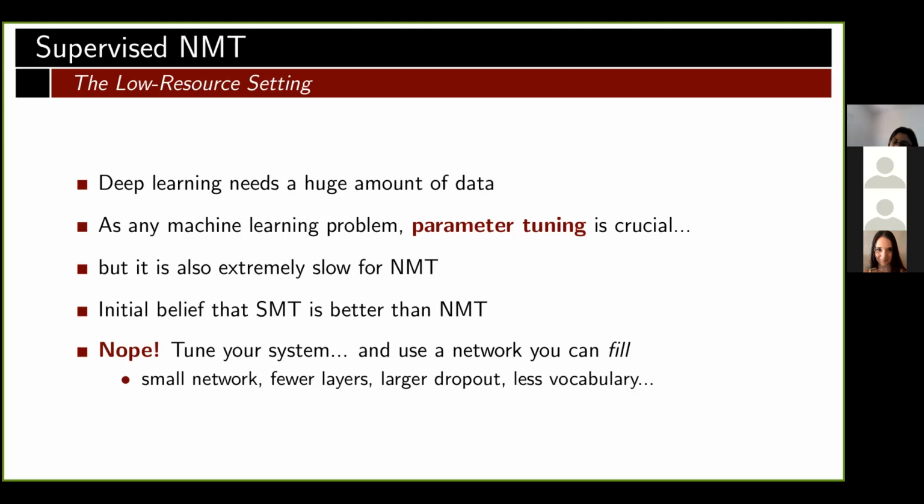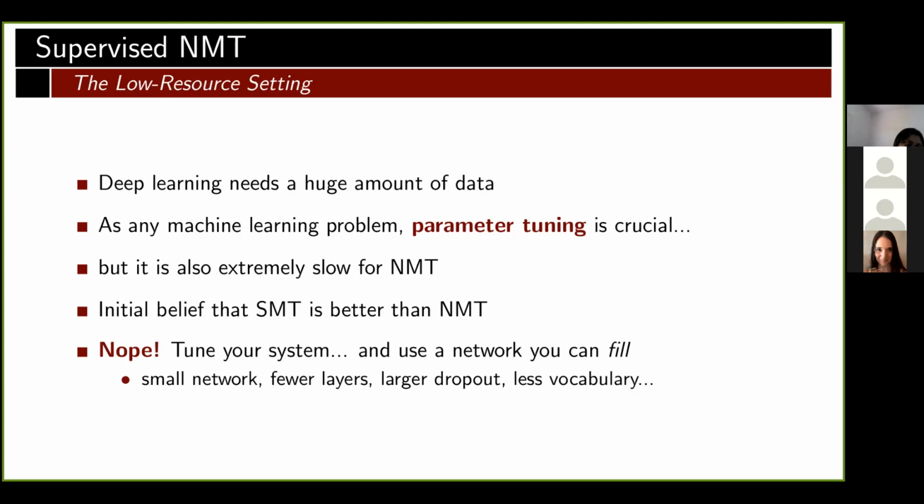But another thing we need to take into account is the importance of learning the parameters properly. Neural machine translation is, of course, a machine learning problem, and as with all these problems, we need to do parameter tuning. The problem with neural machine translation and other deep learning tasks is that we are using a huge amount of data, and trainings are really very slow.